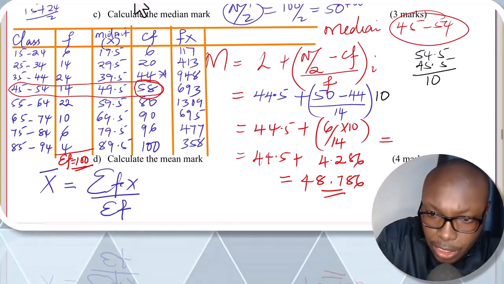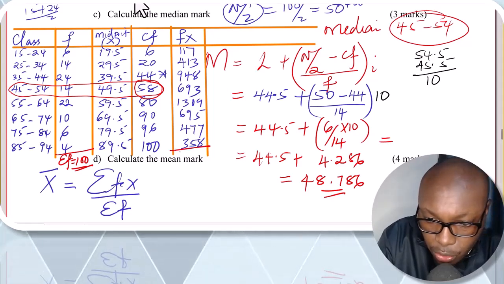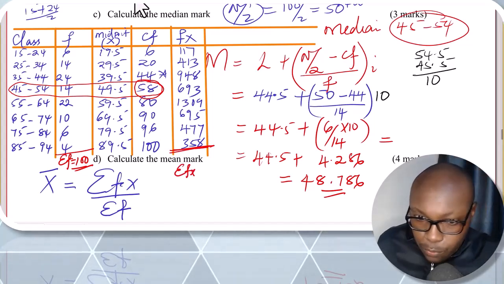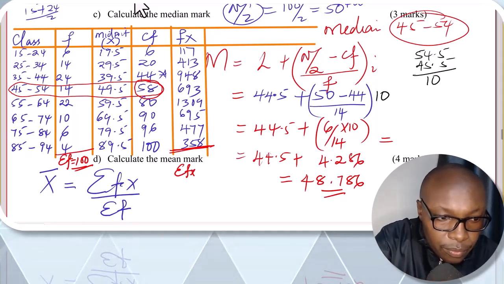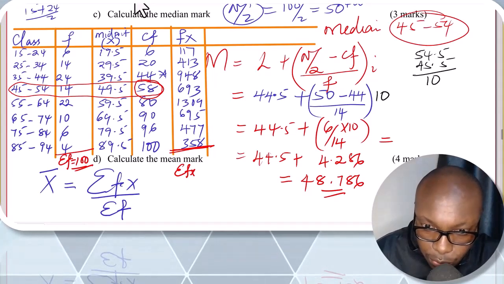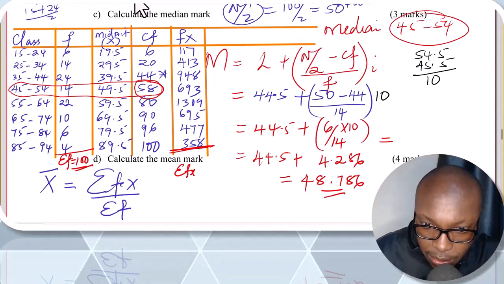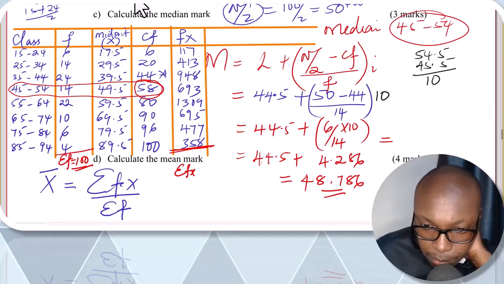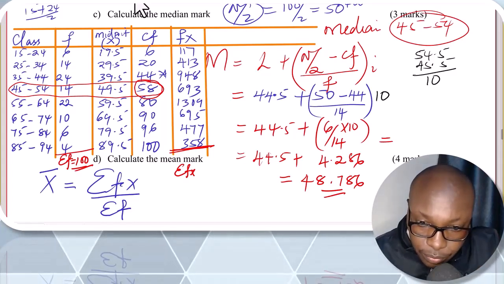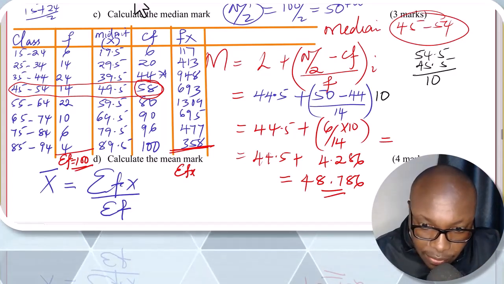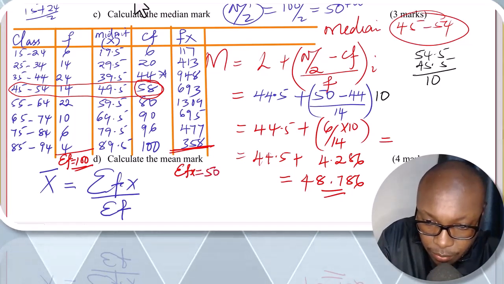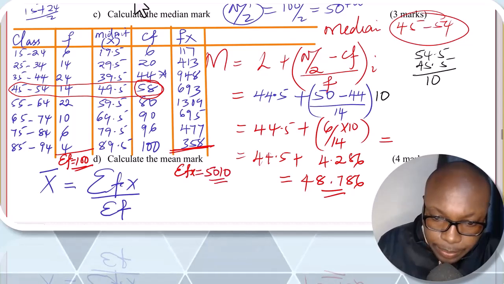Now after doing that, we can get the summation. When you add everything, the summation of fx: 117 plus 413 plus 948 plus 693 plus 1309 plus 695 plus 477 plus 358 gives 5010.